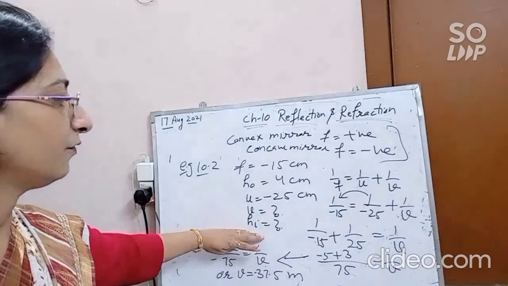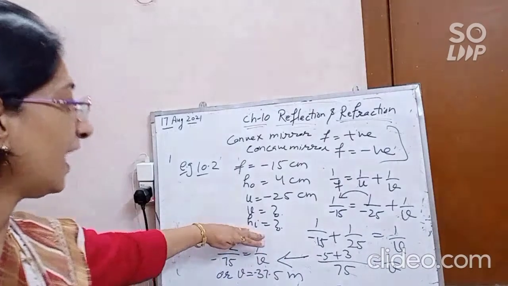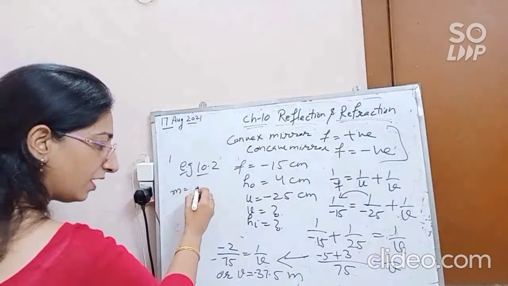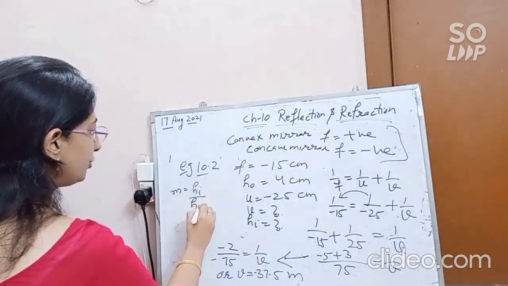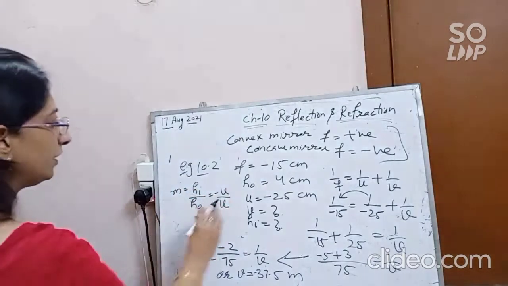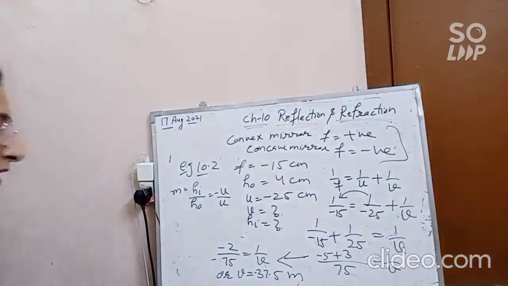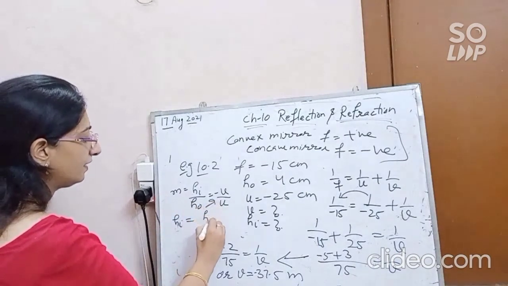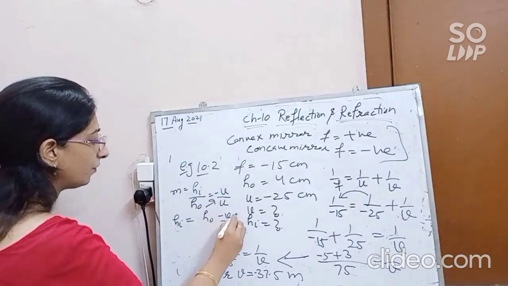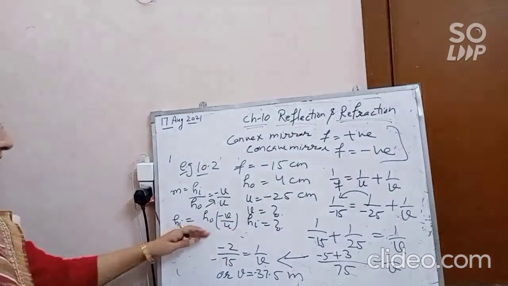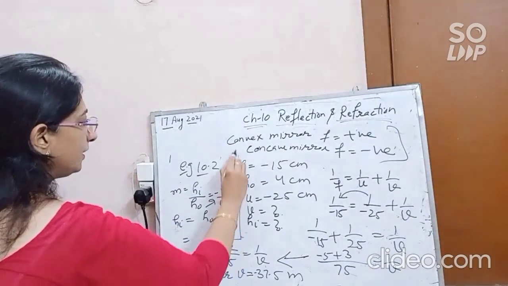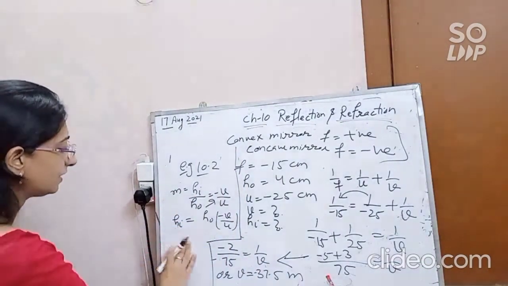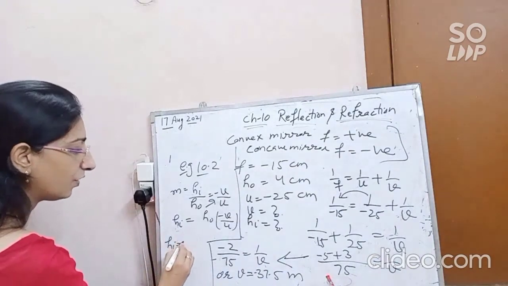Now what we have to find out is HI, the image height, right? So magnification, what is the formula? The formula is HI upon HO equal to minus V upon U. So then HI equal to, cross multiplying, HO into minus V upon U. Put the values in this equation, and we get HI equal to, what is HO?